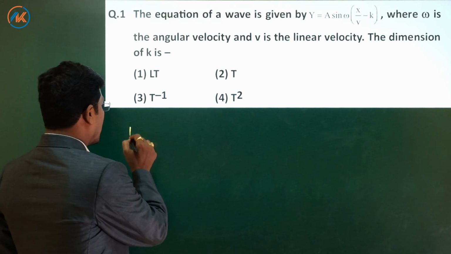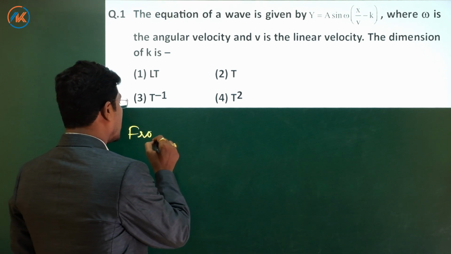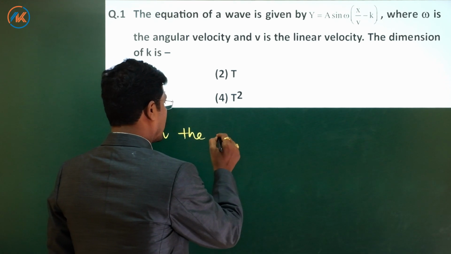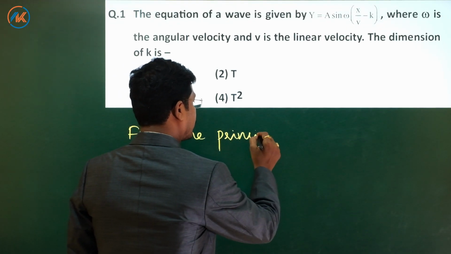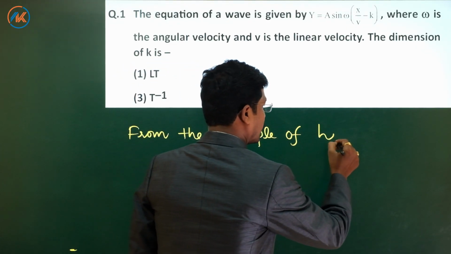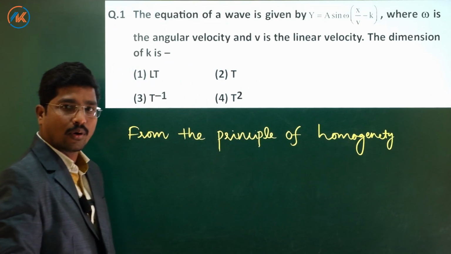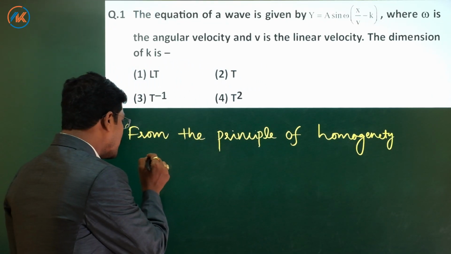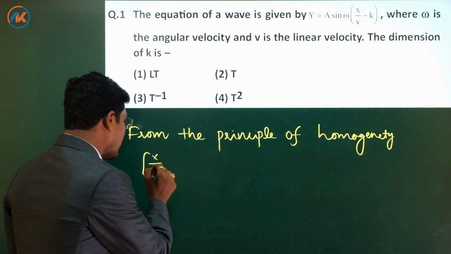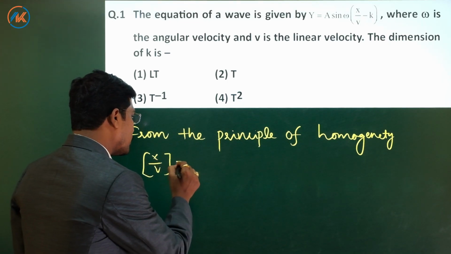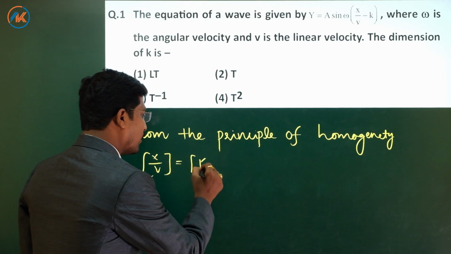From the principle of homogeneity, the dimensions of x by v is equal to the dimensions of k.